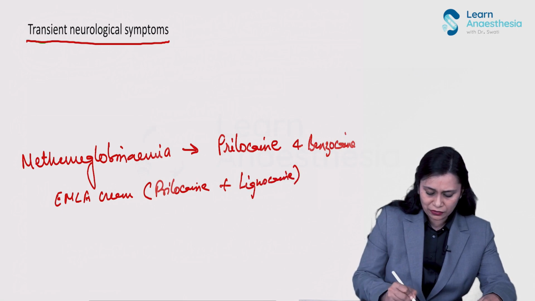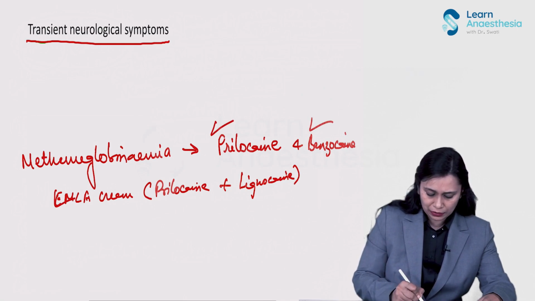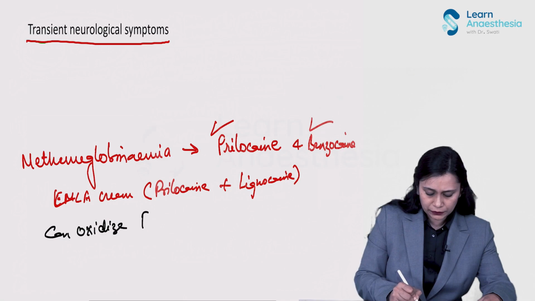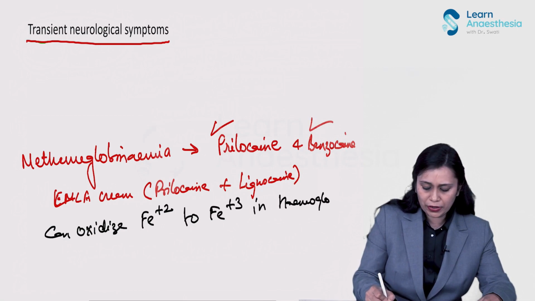Because of the presence of prilocaine, EMLA can also cause methemoglobinemia. So these three, prilo, benzo and EMLA, can oxidize the iron of hemoglobin from ferrous to ferric.